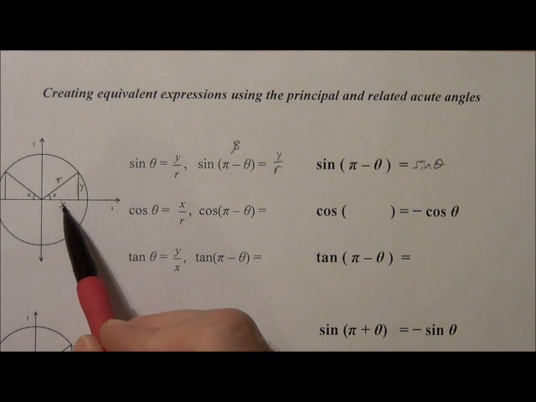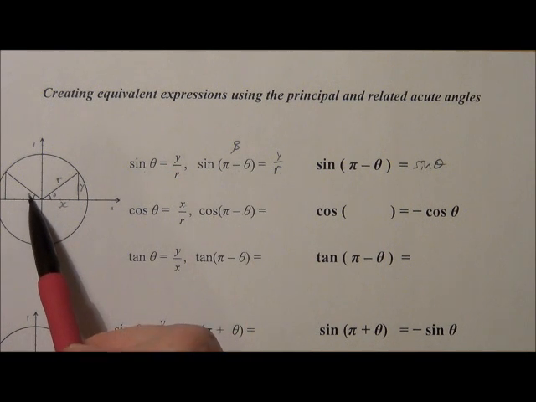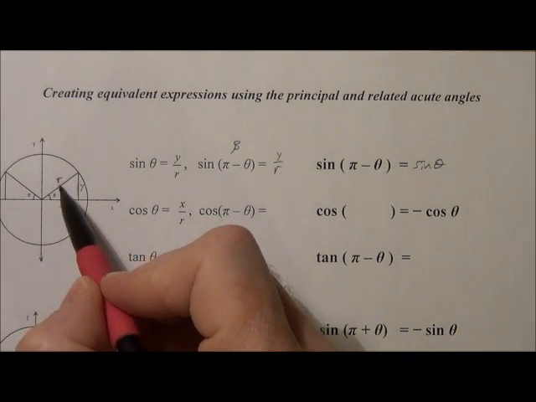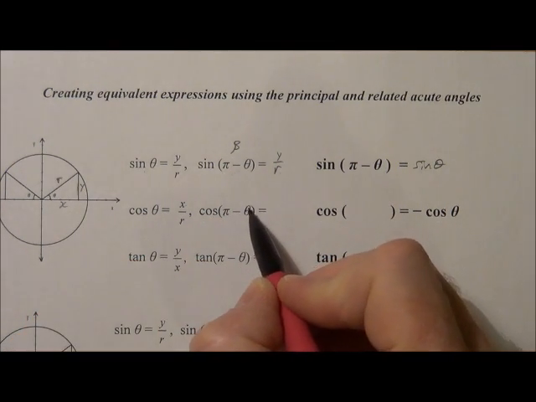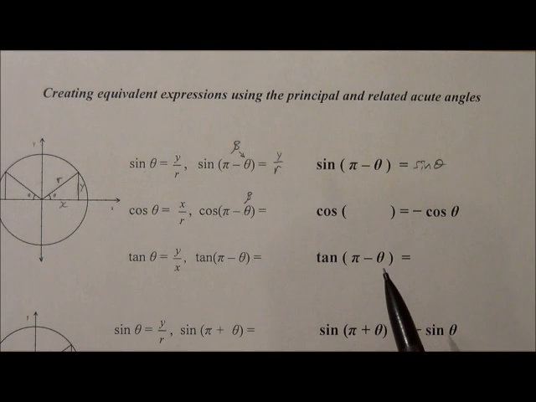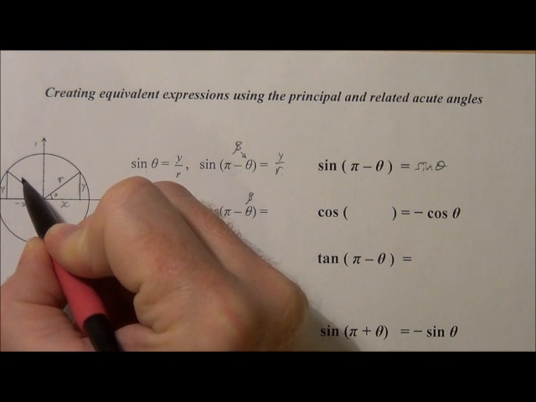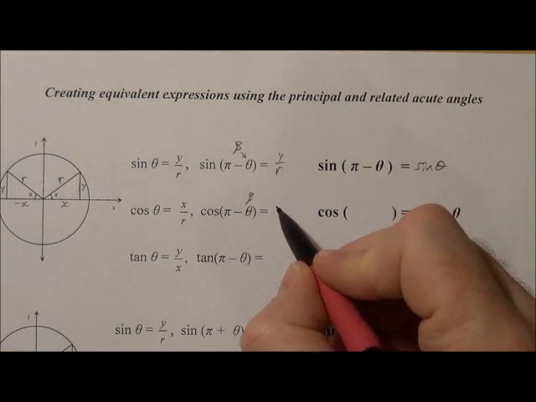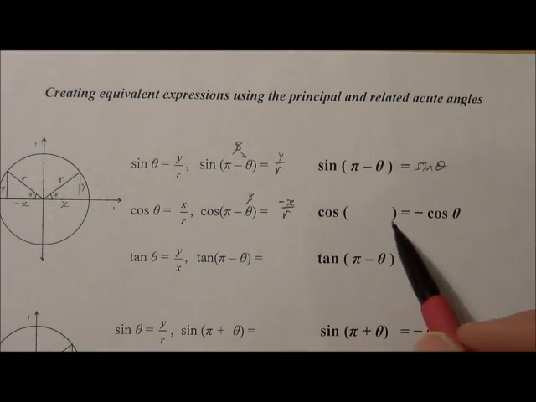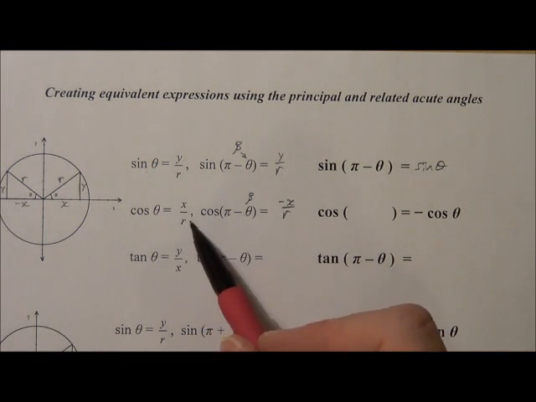Now cosine of theta is adjacent over hypotenuse, which is x over r. And cosine of pi minus theta, again this beta angle over here, pi minus theta, so that's the whole angle here. That is, over here we've got negative x, there's y, and there's r. Then this would be negative x over r. So we see that cos of theta is x over r.